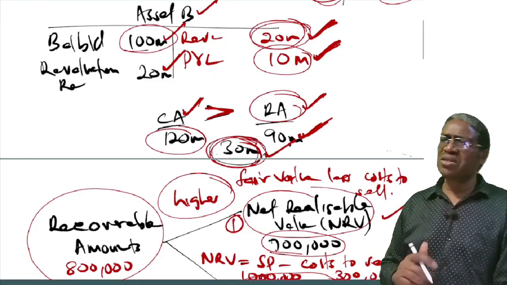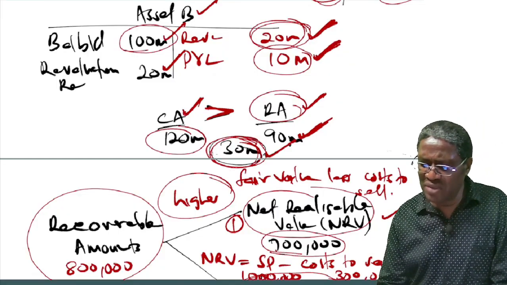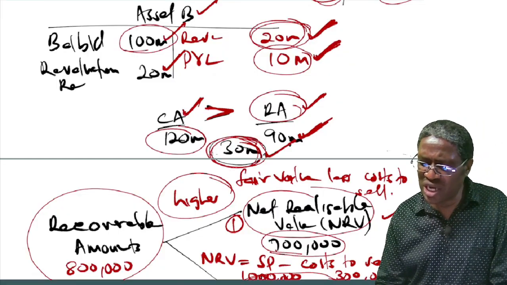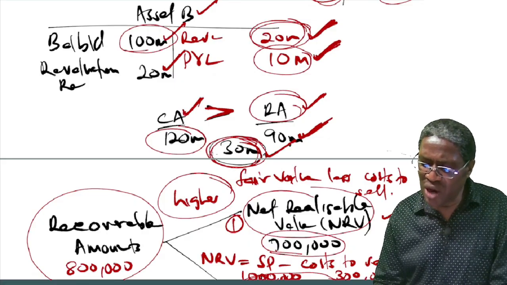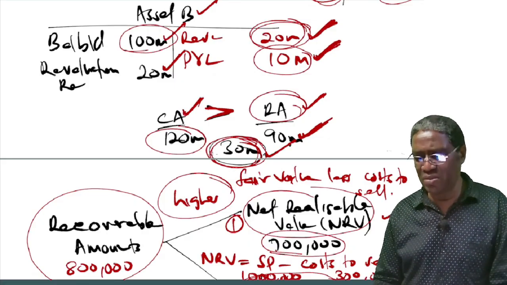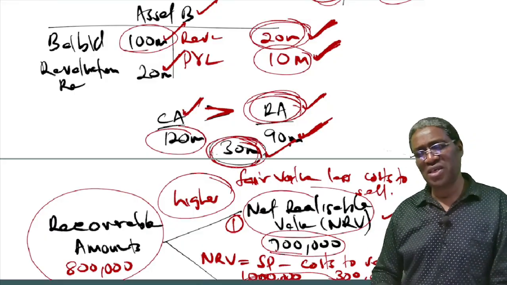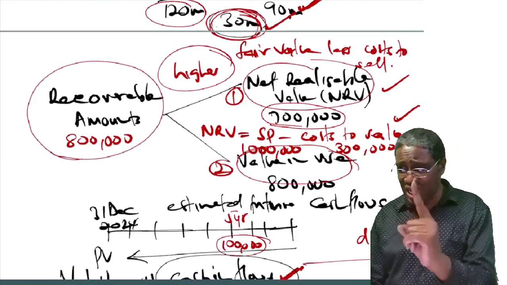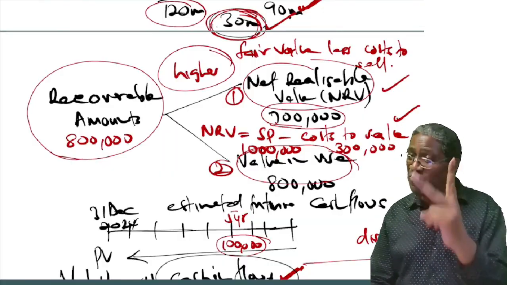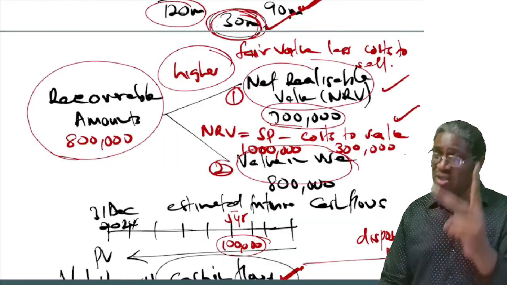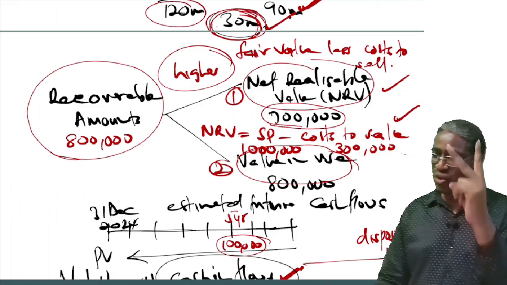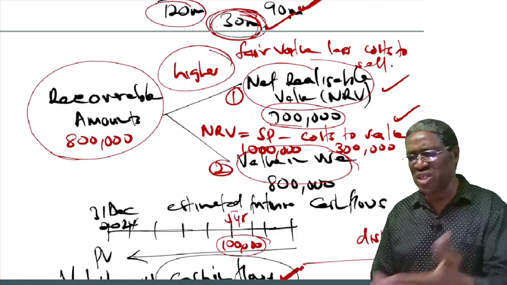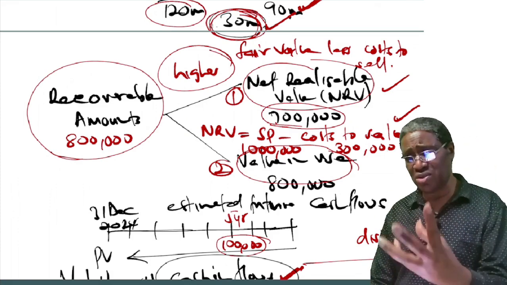But then we asked ourselves, how do you determine the recoverable amount of an asset? We said, to get the recoverable amount of an asset, you have to calculate two values for that one asset, whether it's machinery, motor vehicle, furniture, and so on.